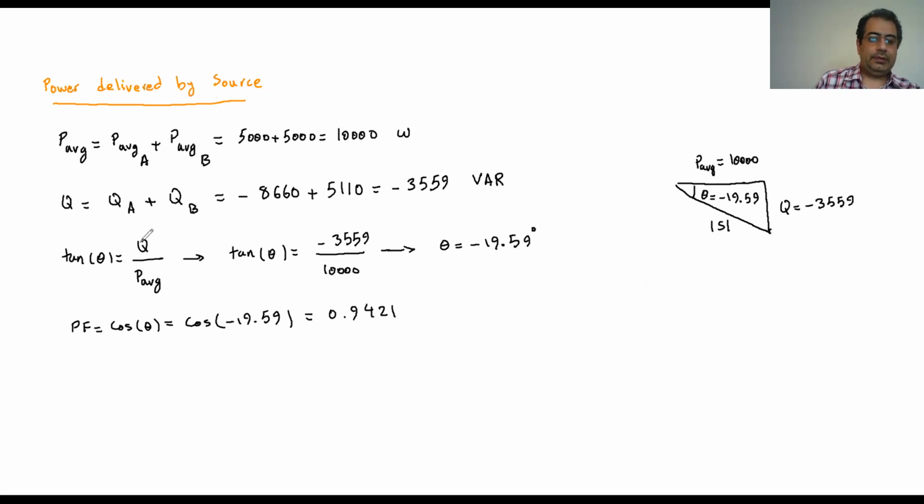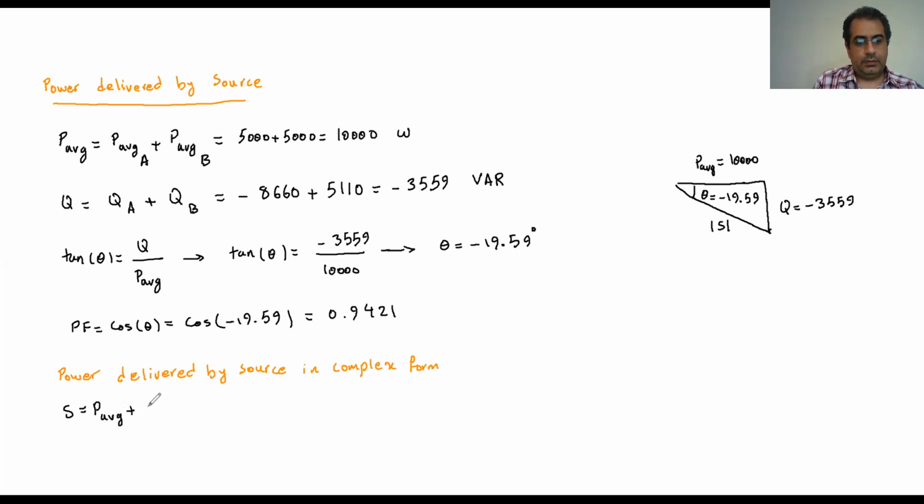Now I can look at it in complex format. The power delivered by the source in complex form: S is equal to P plus jQ.